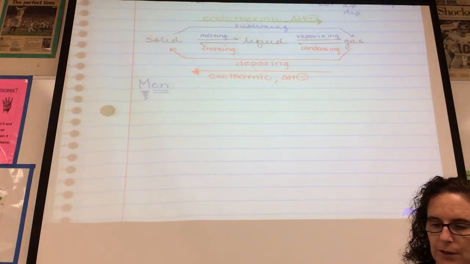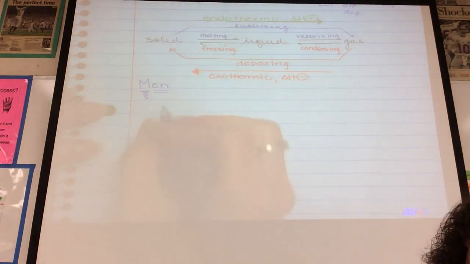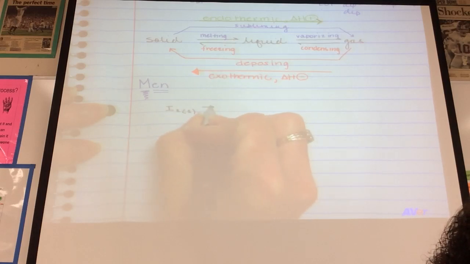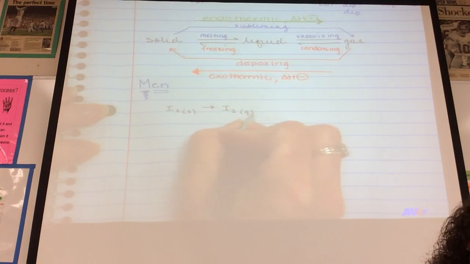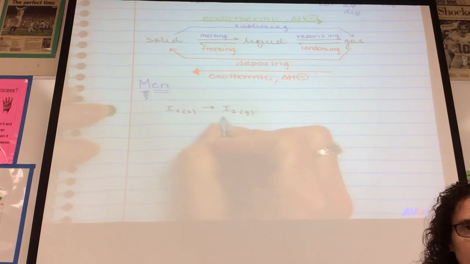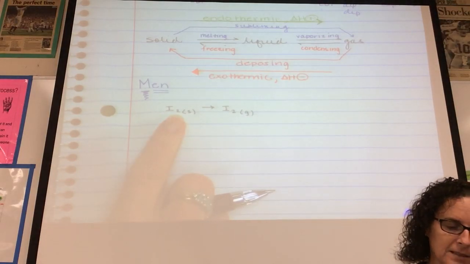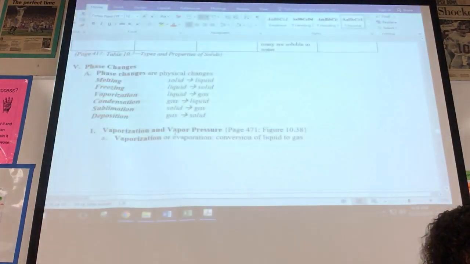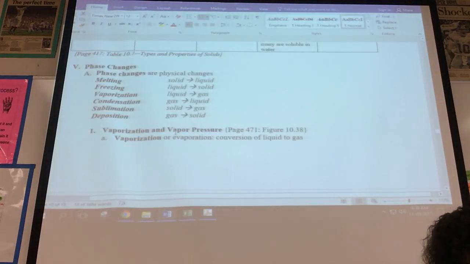So iodine, for example, has the ability to sublime, where iodine in the solid state can form iodine in the gaseous state, and we refer to this as vapor because it more commonly exists in a solid state. You can see that process, known as sublimation, and we'll take a look at that in a few minutes.